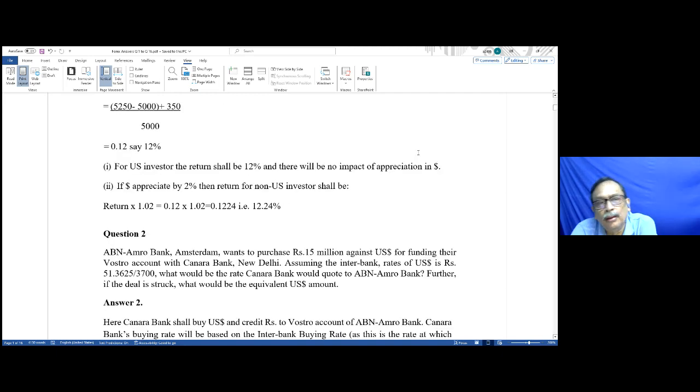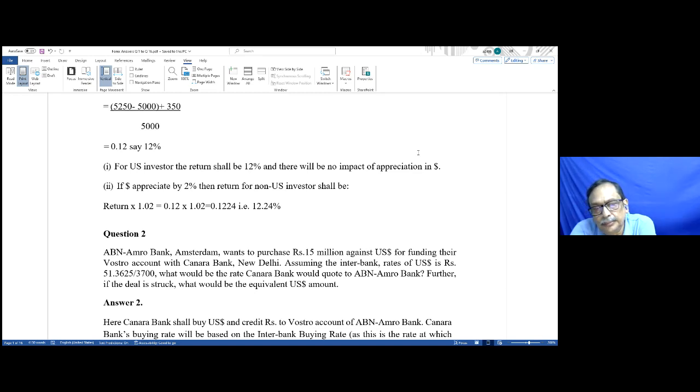Now, for the US investor, the return shall be 12%, and there will be no impact of appreciation in the dollar.